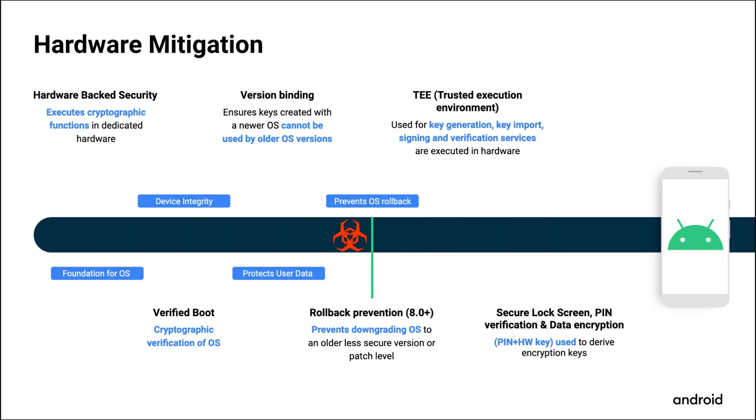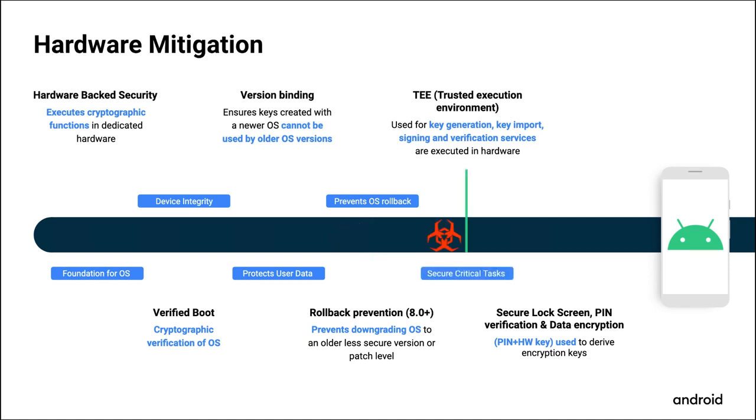So even if a user were successful at rolling back an older operating system, in order to make that happen, he or she has to unlock the bootloader, which then would erase the user partition. So there would be nothing for the hacker to actually get from the device.